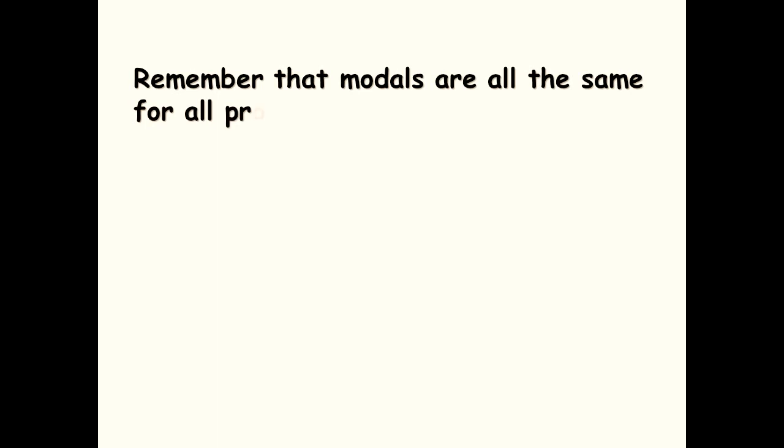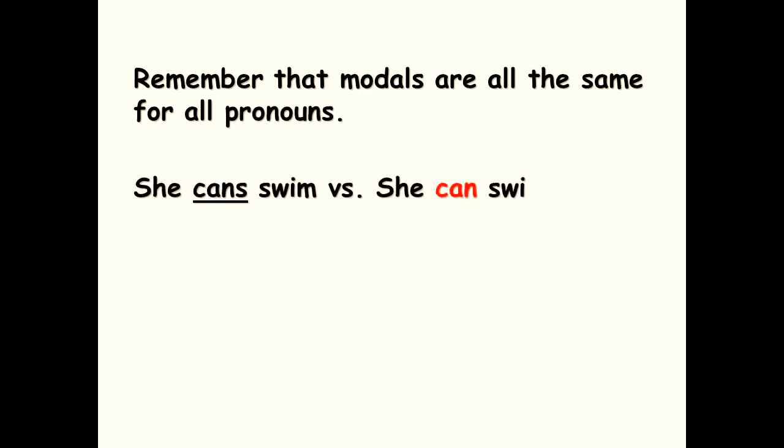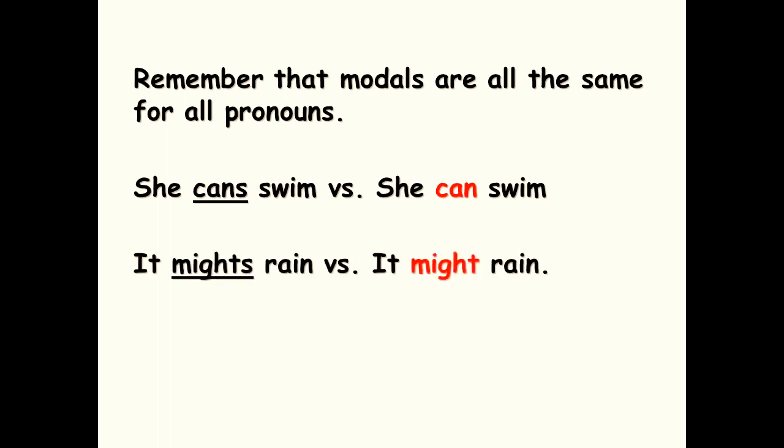The second common mistake is conjugating he, she, and it, adding an s to the verb. Let's remember that modals are all the same for all pronouns. Examples, she cans swim versus she can swim. It mights rain versus it might rain.